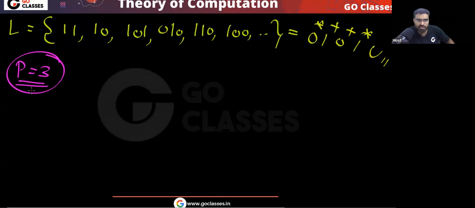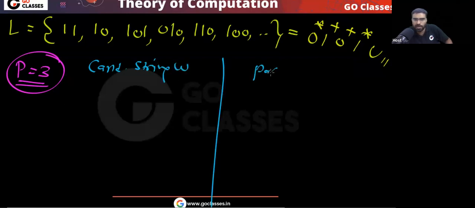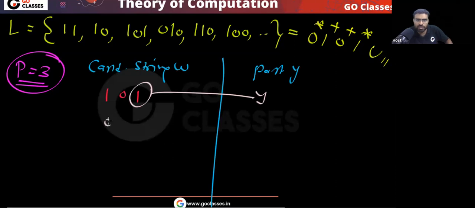So what are the candidate strings? This 11 is not even a candidate string. I am giving you a candidate string and you tell me what is the part Y. For example, for the candidate string 101, which part Y will you take?